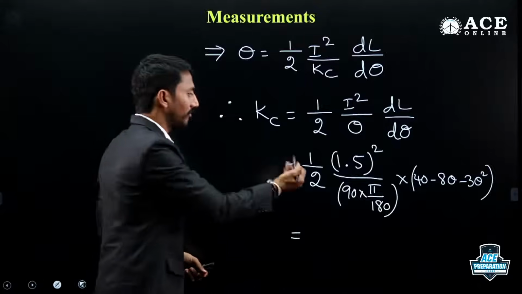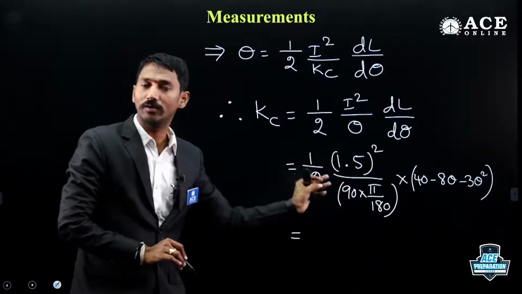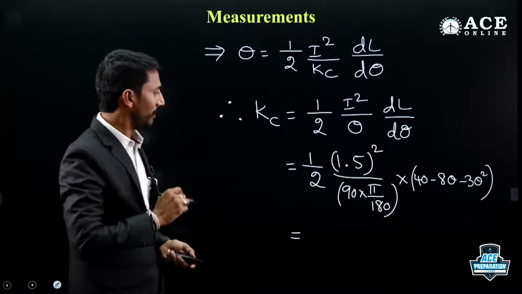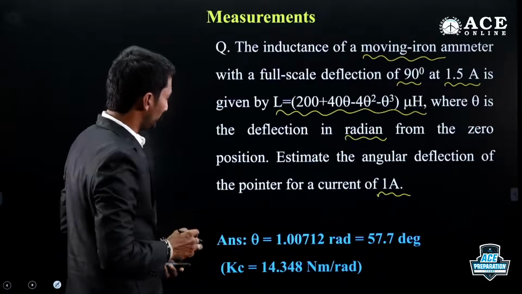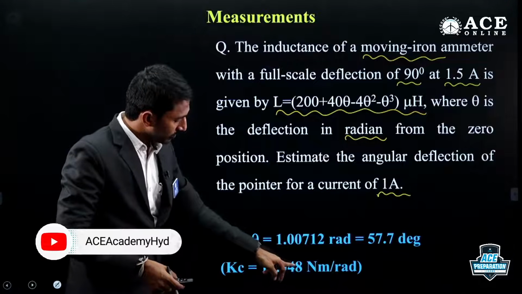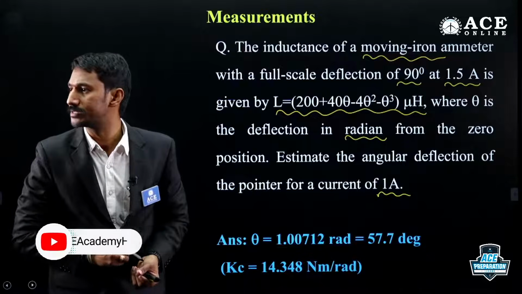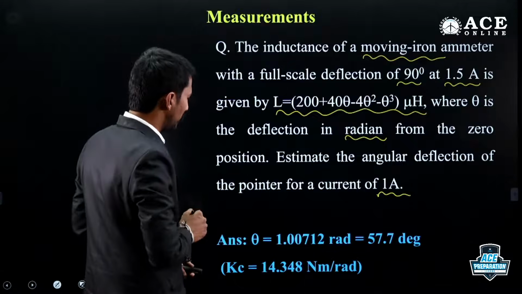Now calculate and verify. I am going to give you the value directly, but you calculate and verify it. If you simplify this, for your idea, Kc equals 14.348 newton meter per radian.